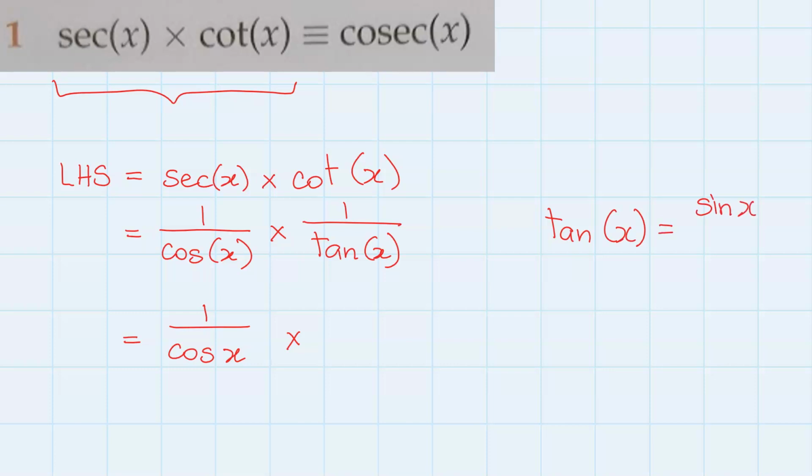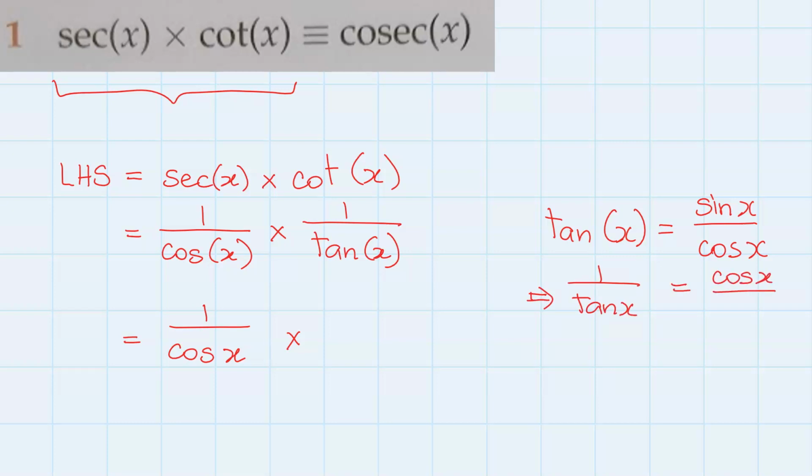So it's one of those identities that we've just been introduced to. We're going to use that identity to rewrite the tan function. So if tan x is sine x over cos x, then that means that 1 over tan x is equal to cos x over sine x.